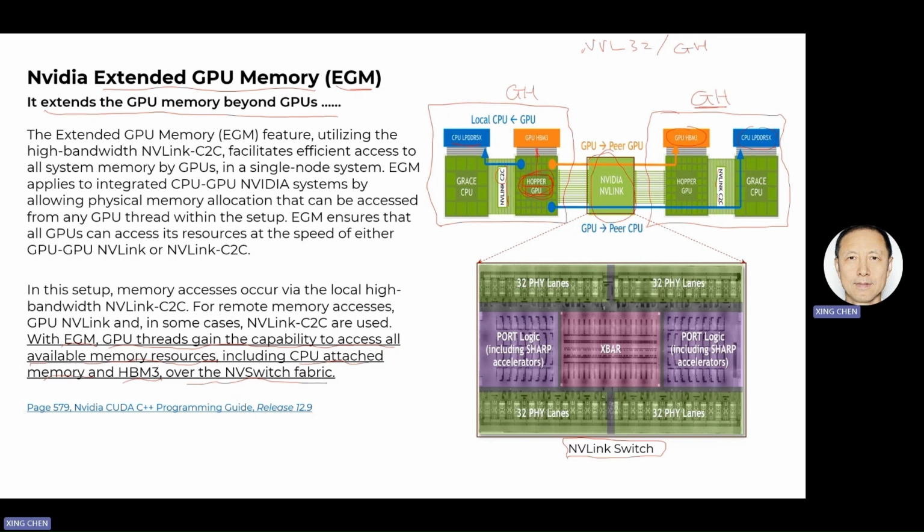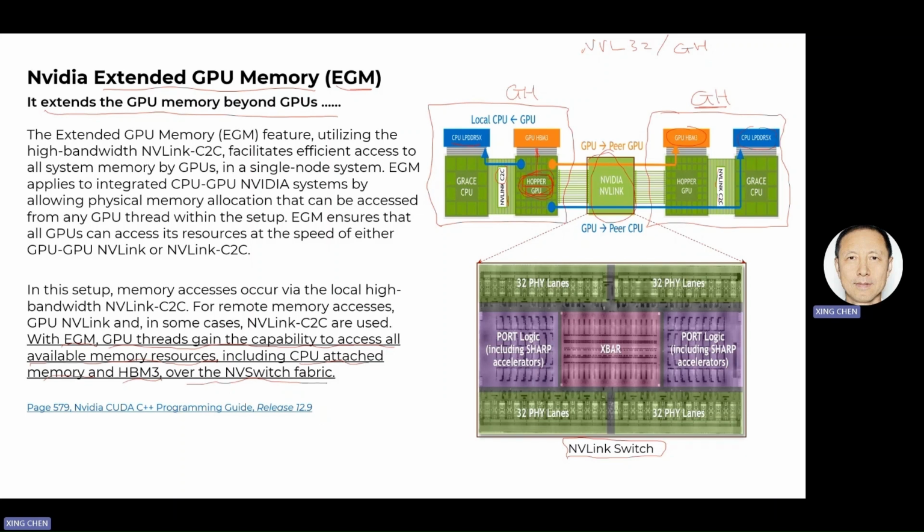This EGM is pretty much the result of multiple technical evolutions that we have discussed in section 5. After we have got all these technical evolutions in section 5, naturally we can have this kind of extended GPU memory.